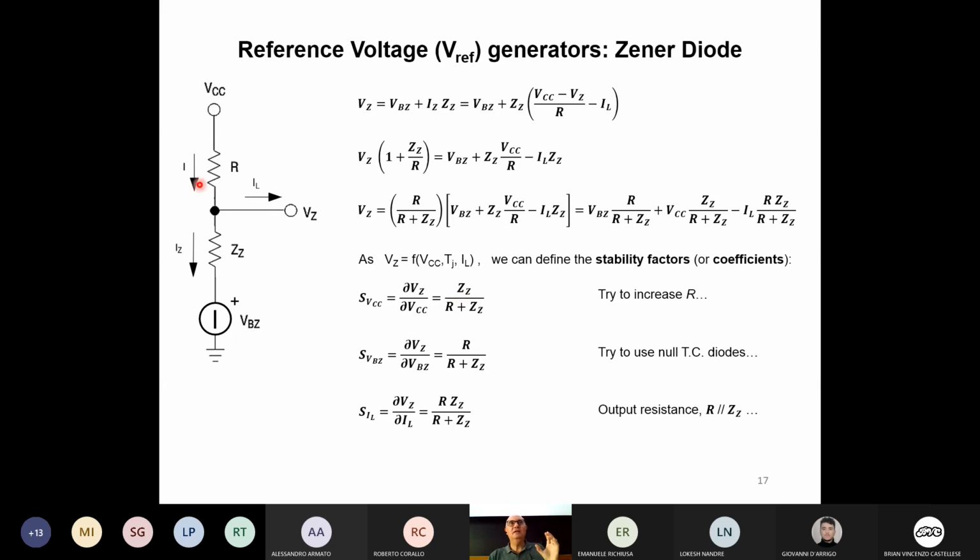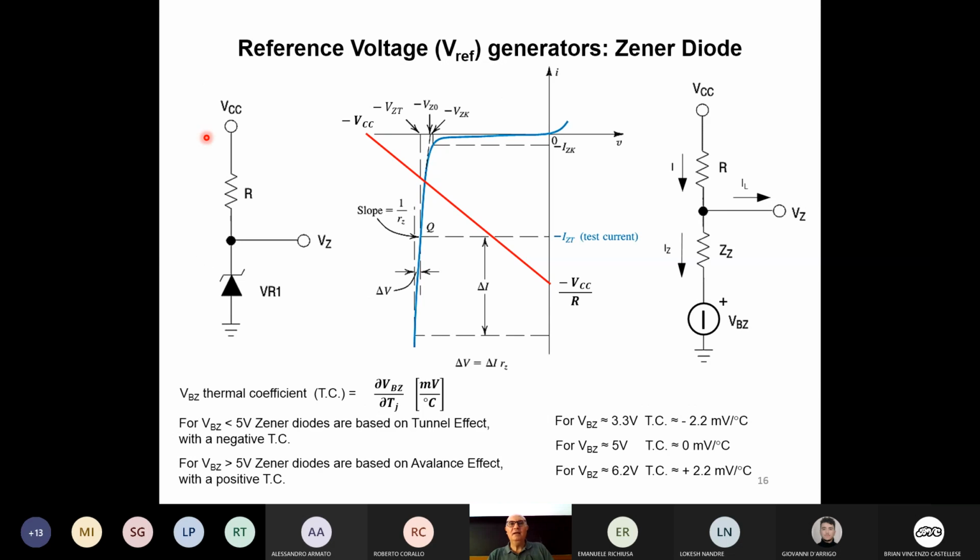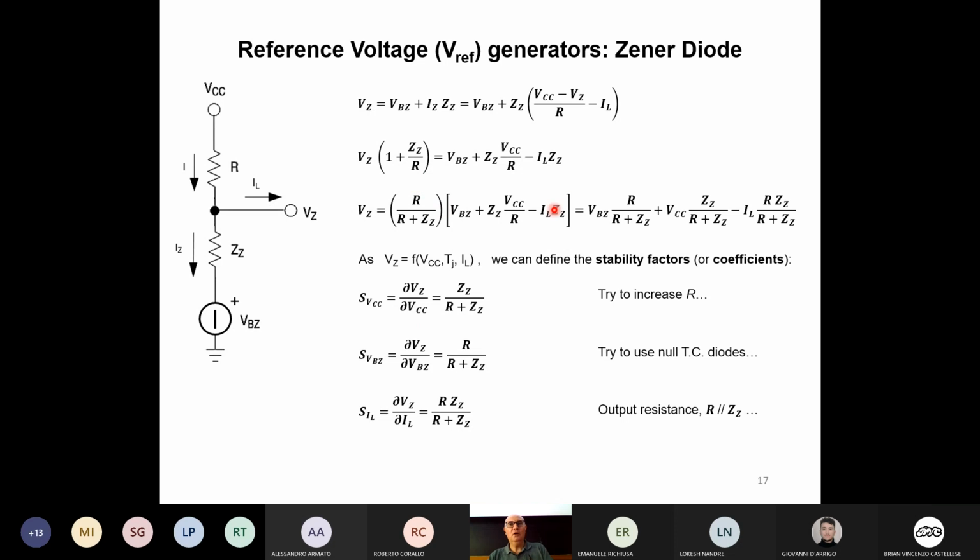If instead of placing a resistor here, I put here a current generator with a very high dynamic resistance, the current generator will give me the correct biasing current for biasing the diode. But when I'm interested in variation of the voltage, I'm studying the circuit in a dynamic range.